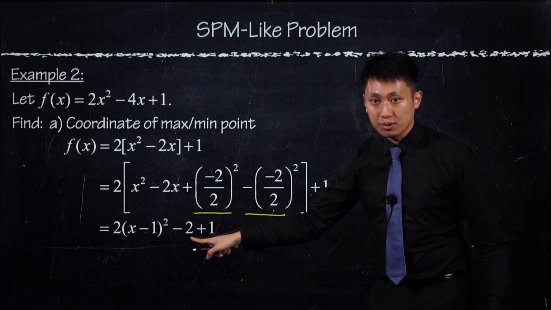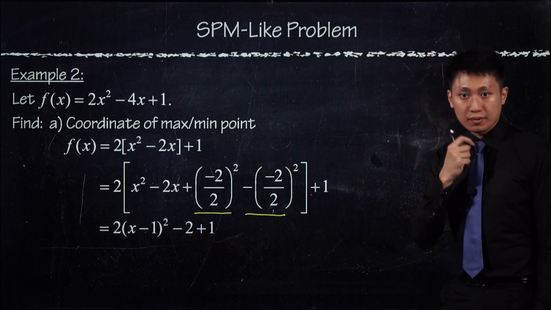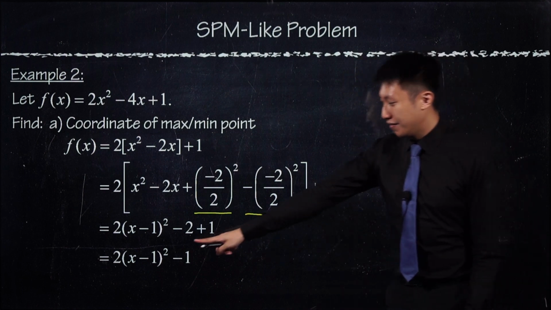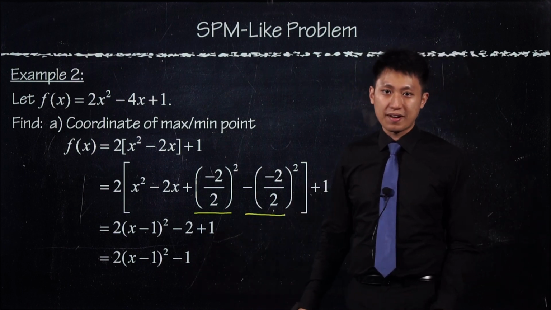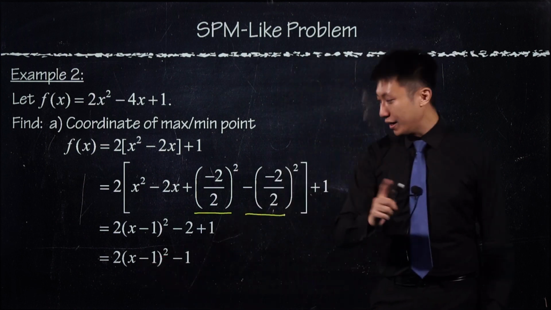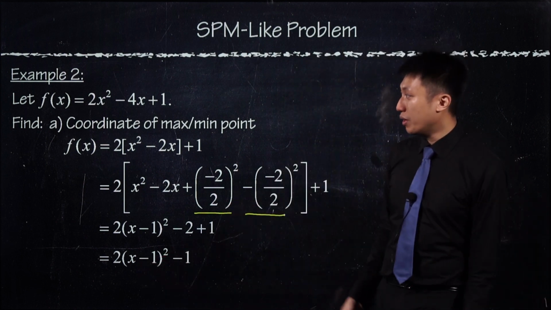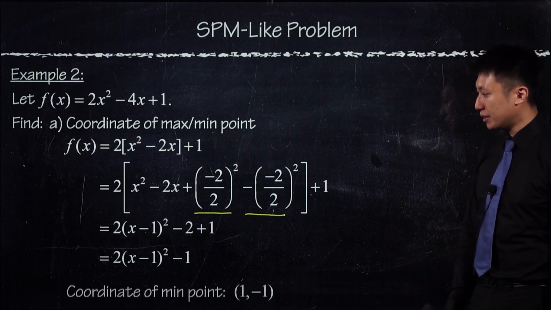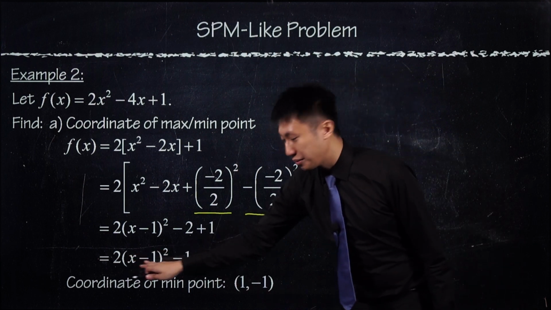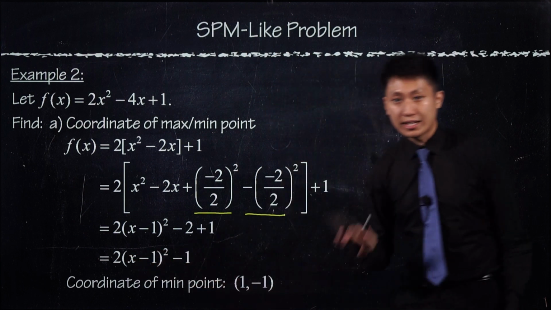You get -2, and here +1. Upon simplification, you get this. If you see this form, you should be professional now, right? You got this, meaning that you shift by 1 and -1. The coordinate of the min max point is (1, -1). I set this one to be equal to 0, then this value, I just take it.